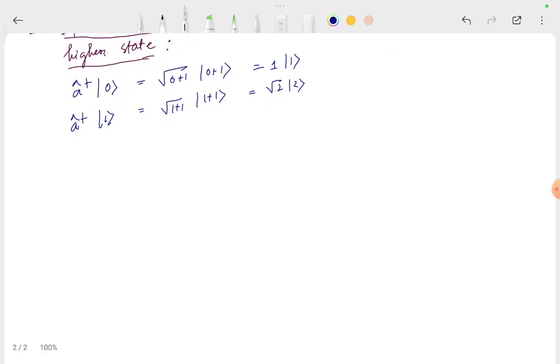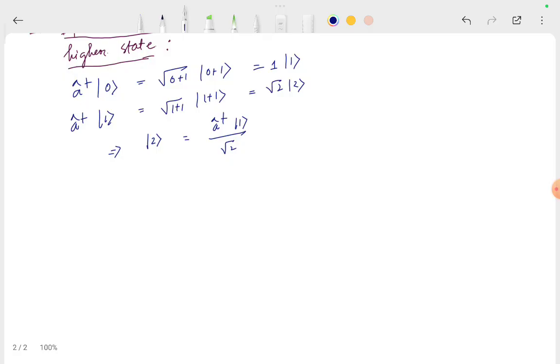Similarly, from these equations we get ket 2 equals a dagger ket 1 by root 2, right?